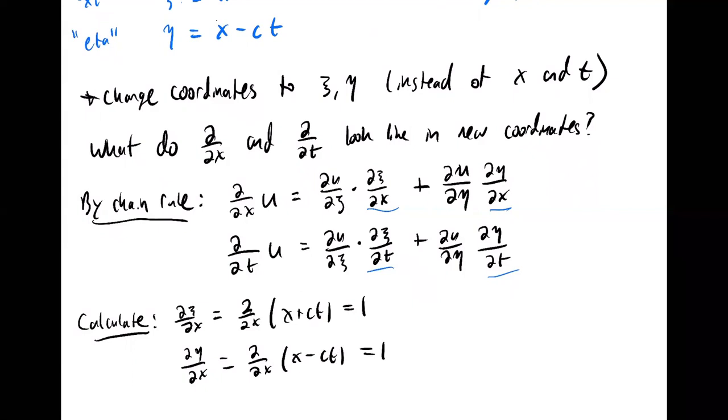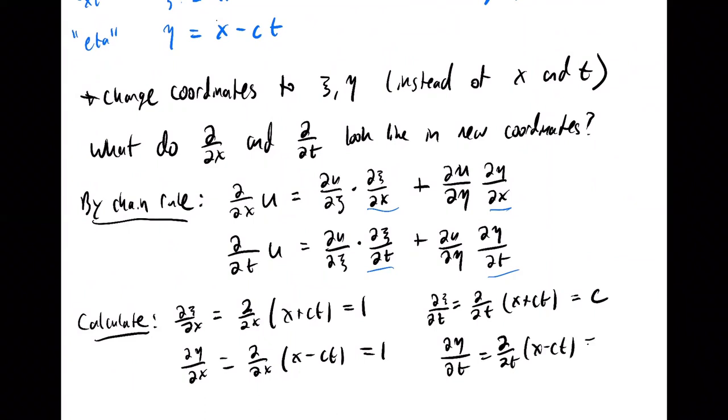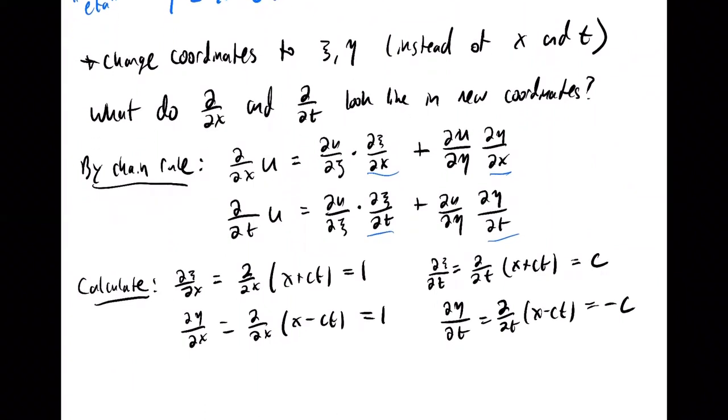So we have the first two terms. And now we just need to look at the t derivatives. The derivative with respect to t of xi is the derivative with respect to t of x plus c times t, which is c. And then the derivative of eta with respect to t is d dt of x minus ct, which is minus c. Right? And so I can now plug these in to what I got using the chain rule.